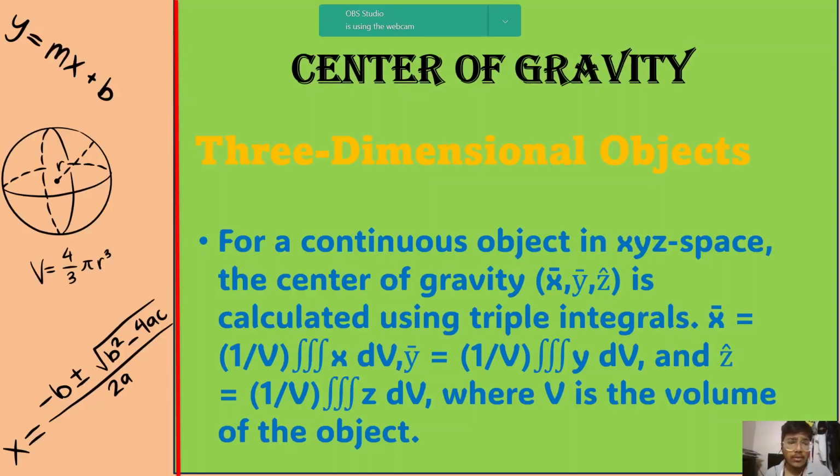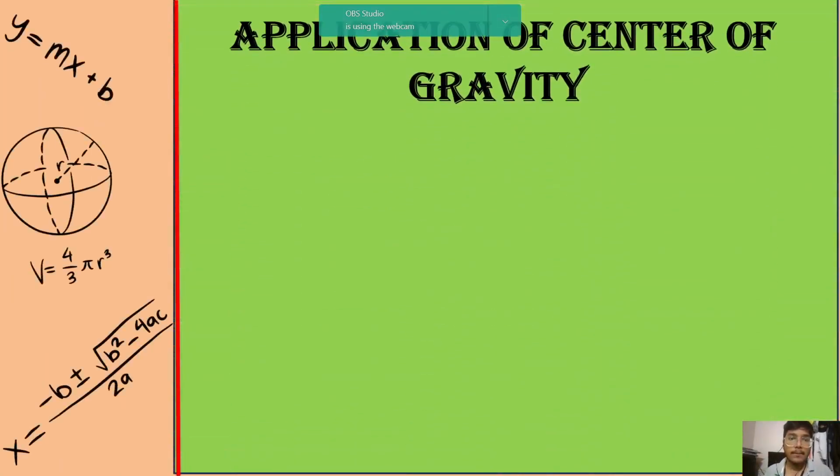So how do we calculate x-bar? It is 1 by V times the triple integral of x dV, y-bar is 1 by V times the triple integral of y dV, and z-bar is equal to 1 by V times the triple integral of z dV. Here V is the volume of the object. In 2D, A was the area of the object; in 3D we talk about the volume of the object.